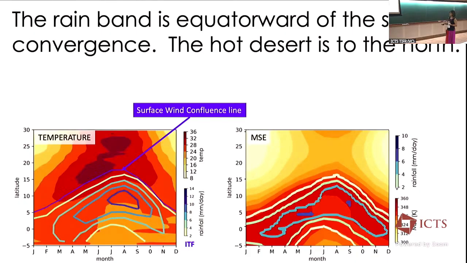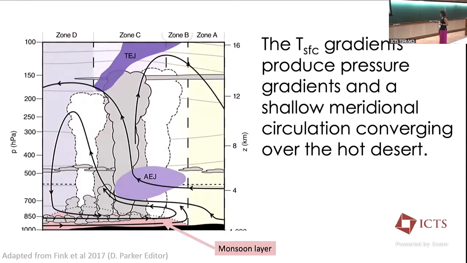And the rainfall in these color lines stays to the south of the confluence line. Again, this is the MSE, and so that stays where the rain band is. We see dry, less MSE to the north where the desert is. That tracks.